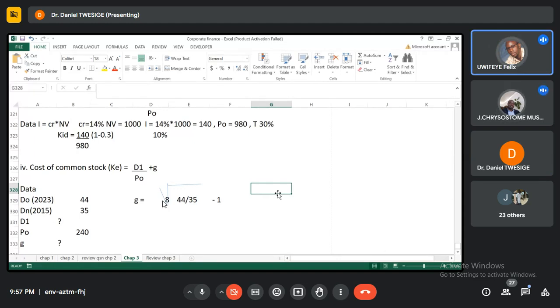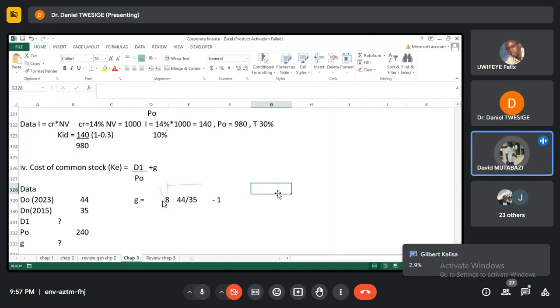Yes, it's correct. If you count, do we start with 2015 or 2016? 2016.